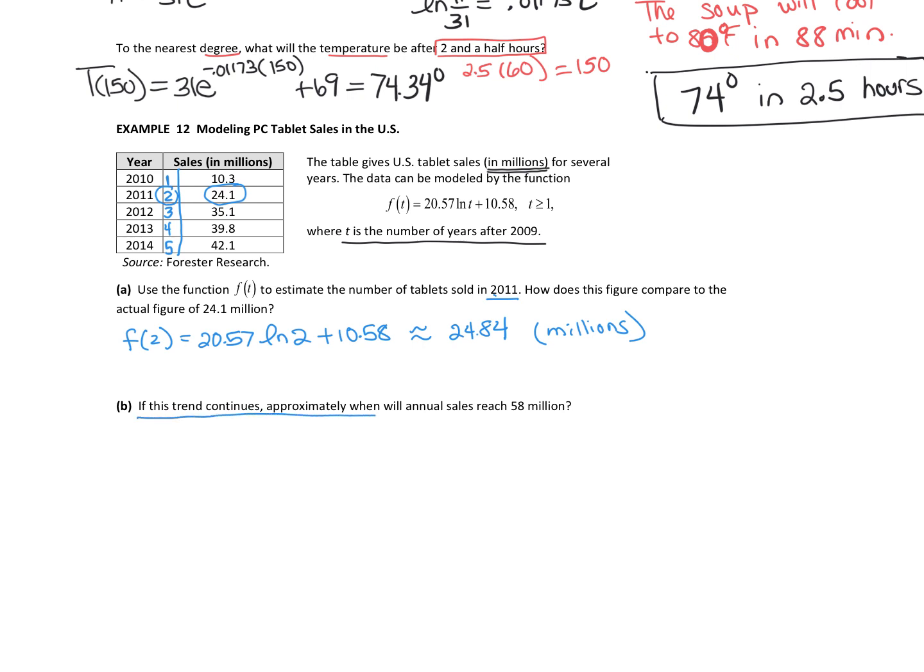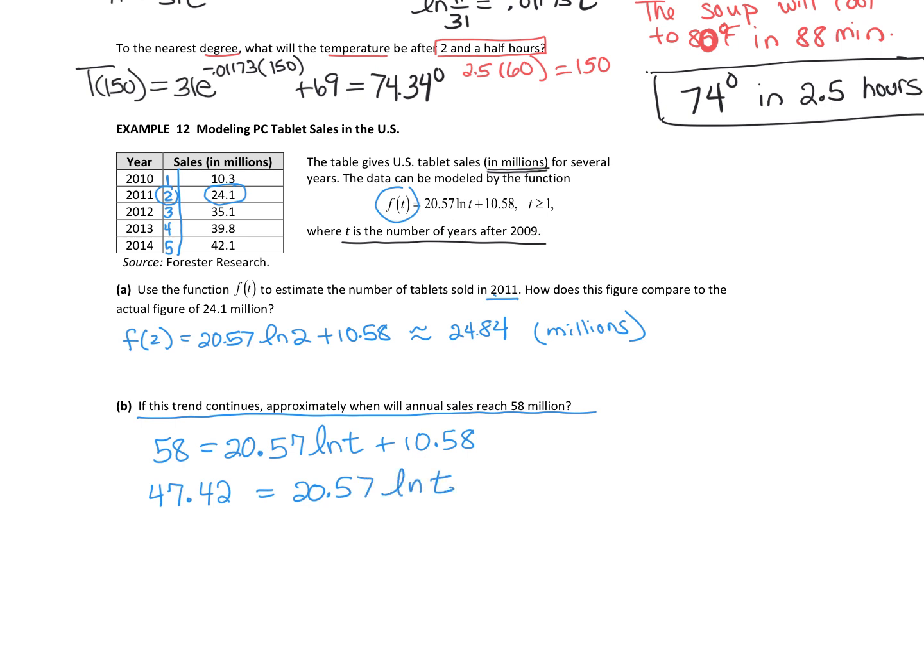If the trend continues, when will the annual sales reach 58 million? In that case, in for f of t, we'll put 58 for 58 million, and then we will solve for the t value, remembering that that is going to be years since 2009. So I'm going to start by subtracting the 10.58, 47.42 equals 20.57 times the natural log of t. We'll divide by 20.57, and we'll have the natural log of t.